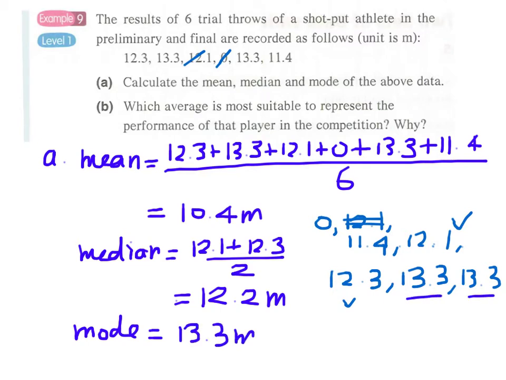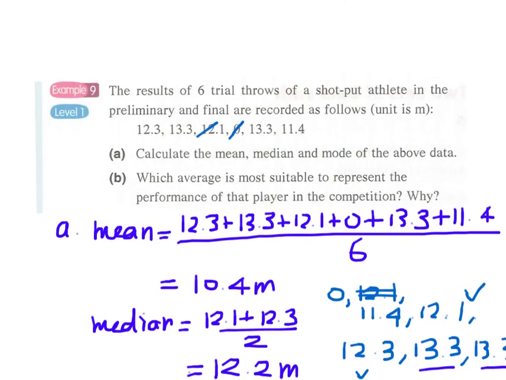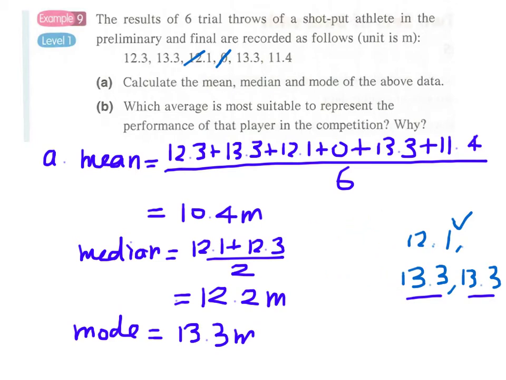And now we come to part B: which average is the most suitable to represent the performance of that athlete in the competition, and why. Therefore we have to inspect the mean, median, and the mode. For the mean, we have 10.4.